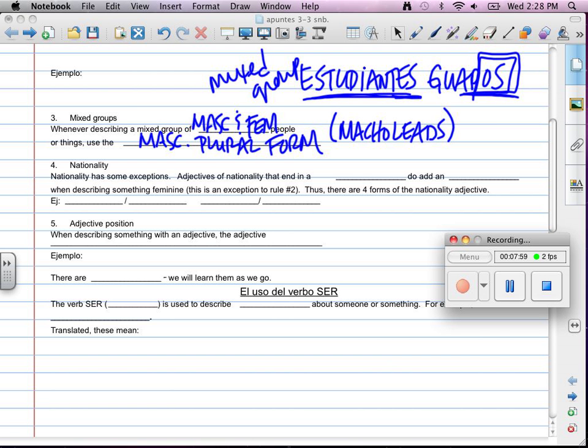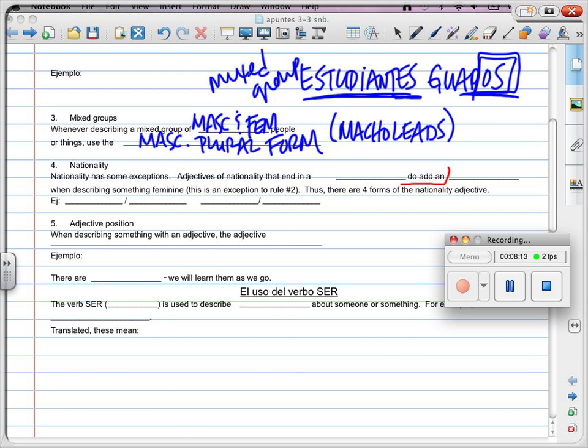Nationality. Nationality have some exceptions, okay? Adjectives of nationality that end in a consonant, you will add an A. All right, now this breaks a rule. Do you know what rule it breaks? This breaks rule number 2. If it ends in a consonant, you just add ES. This breaks rule number 2, okay?